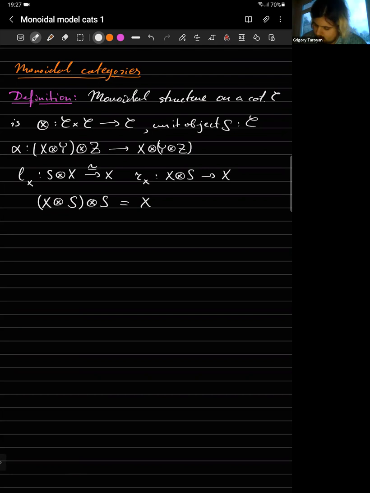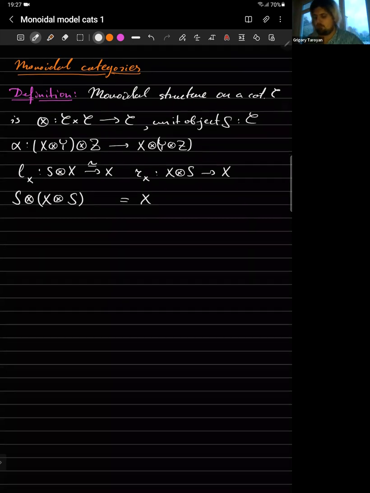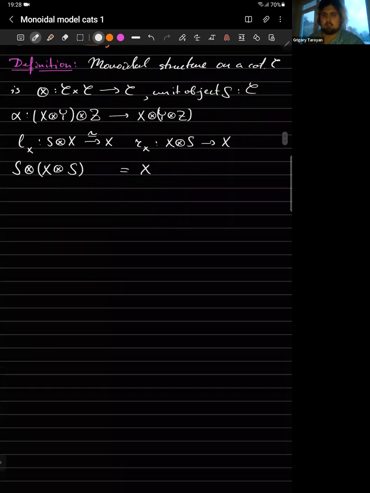So we have various diagrams which say that all these operations in monoidal category are coherent.